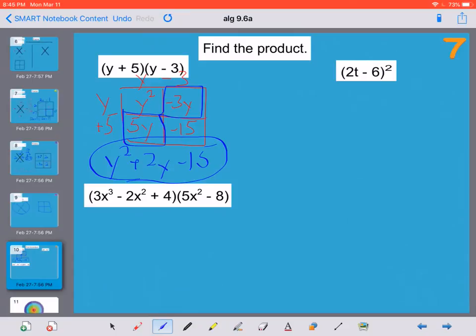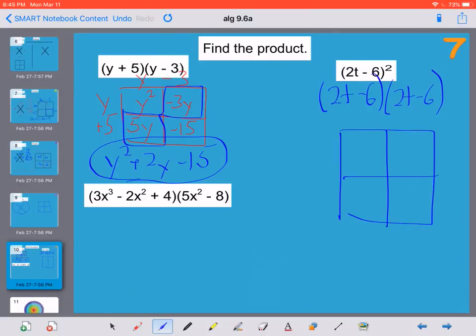This one is a squared, so we're actually doing 2t minus 6 times 2t minus 6. So if I multiply these together, we'll get 2t minus 6 and 2t minus 6. 2t times 2t is 4t squared. 2t times negative 6 is negative 12t.